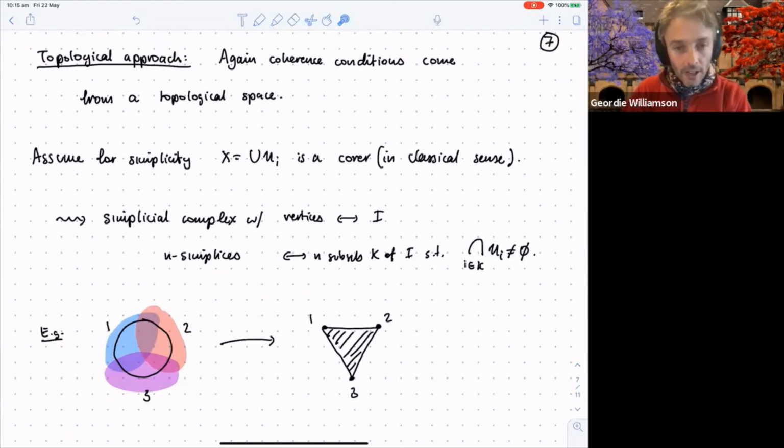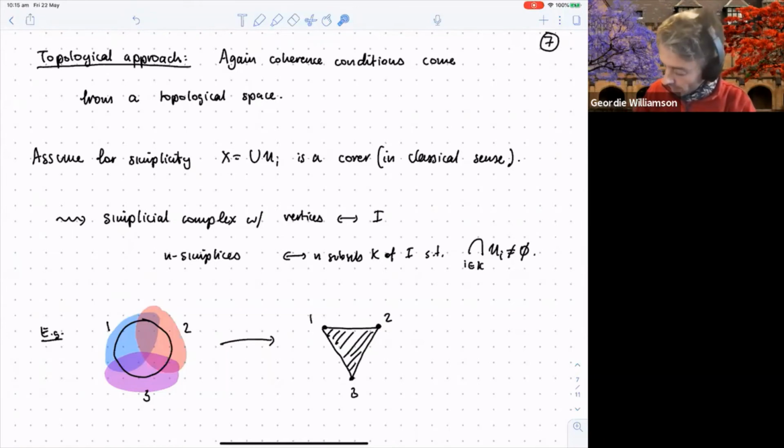And now we associate to this a simplicial complex whose vertices parameterize our open sets. And we have an n-simplex if the corresponding intersection of open subsets is non-empty. So this encodes in a very rough way the combinatorics of the intersections of our open sets.